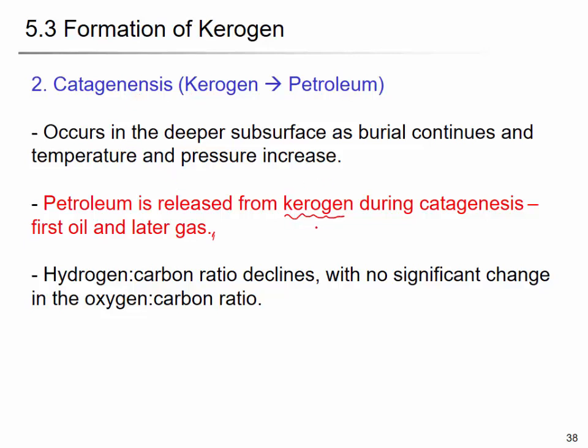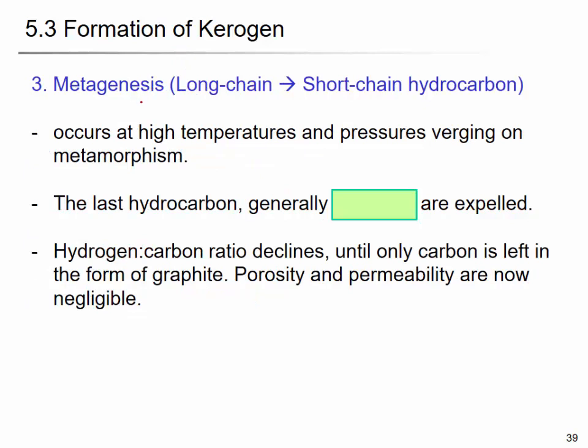When the kerogen is transformed to petroleum, you have first oil, long hydrocarbon chains, and then later you have light hydrocarbon chains. And metagenesis is the breakdown of the long hydrocarbon chains at high temperature and pressure, working on the metamorphism. If you break down the hydrocarbon, then the last unit that you will have is the methane, right? CH4. So methane will be expelled.